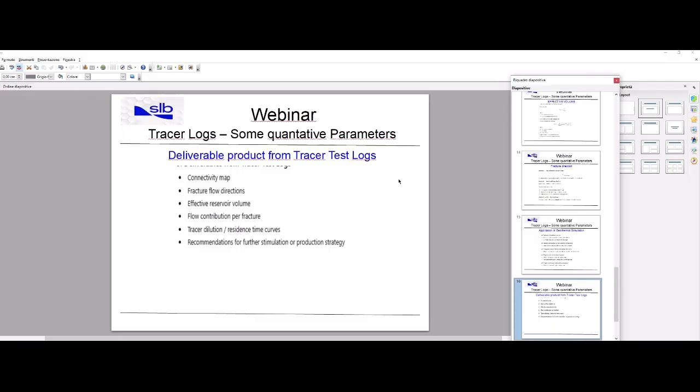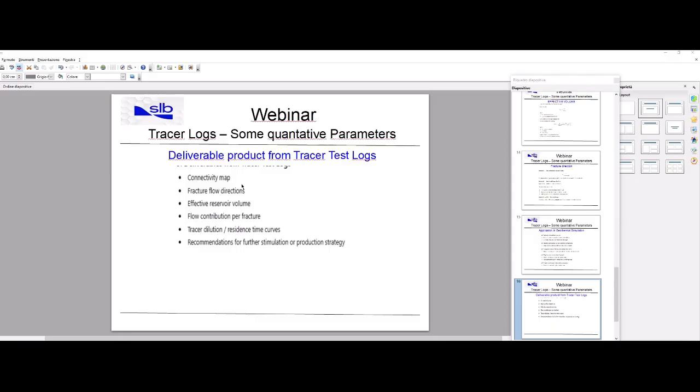Derivable products from tracer log tests: connectivity map, fracture flow direction, effective reservoir volume, flow contribution by fracture, tracer dilution, residence time curves. So we have around 6 or 7 derivable products from the tracer log. The first important is the connectivity map, which represents all the joint fractures that are connected.